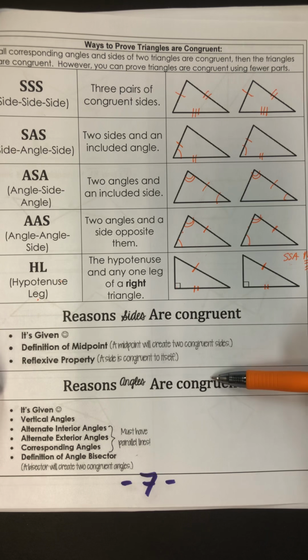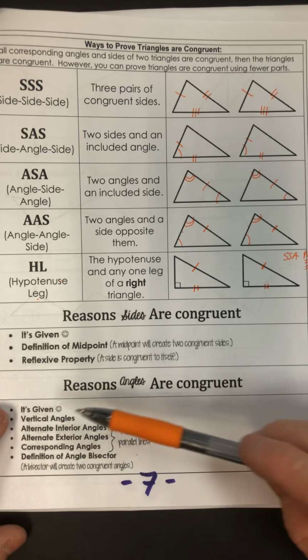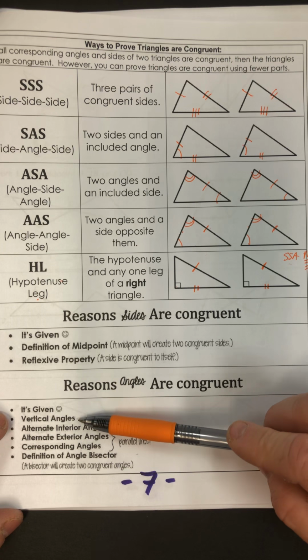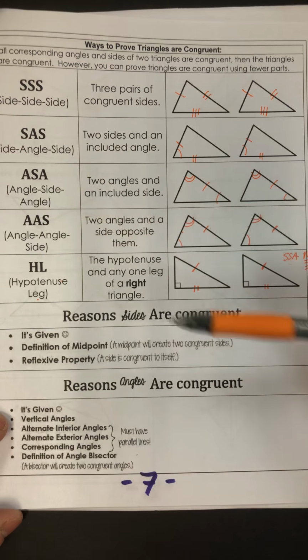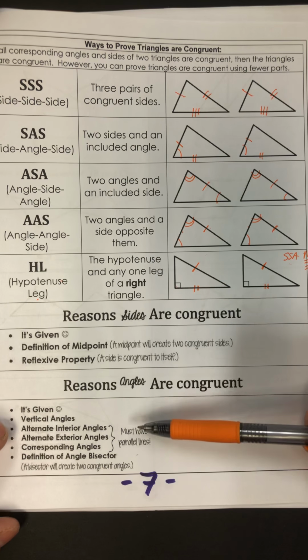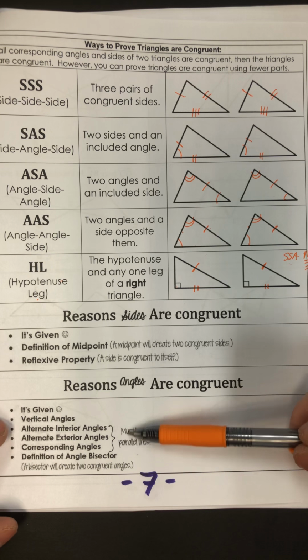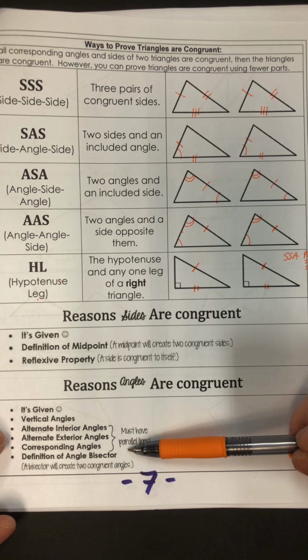Now for angles, if they're given, and then the reasons that we've talked about: if you have vertical angles, those angles are congruent. You can say these two angles are congruent by vertical angles, and that gives us the angle we needed for side angle side or whatever. If you have parallel lines, there are several ways to find congruent angles.